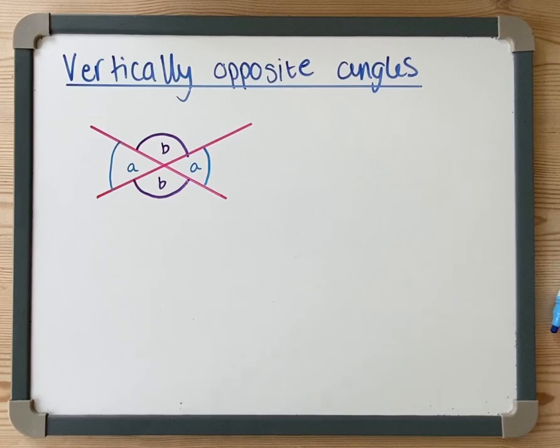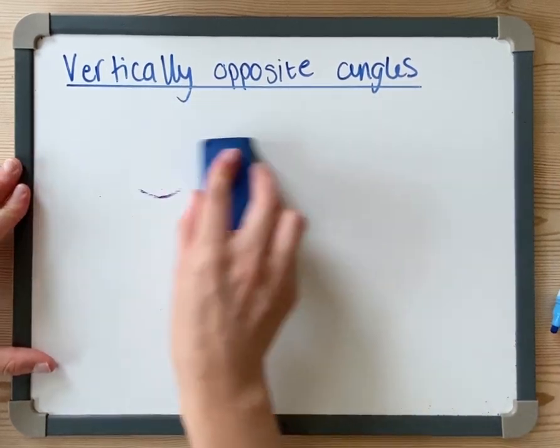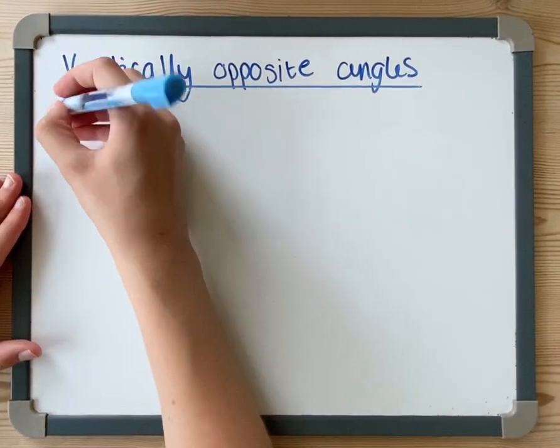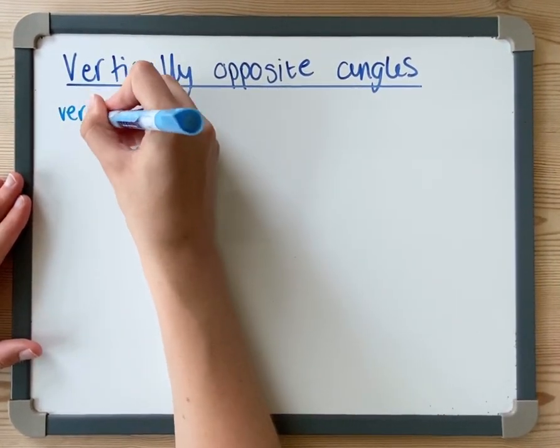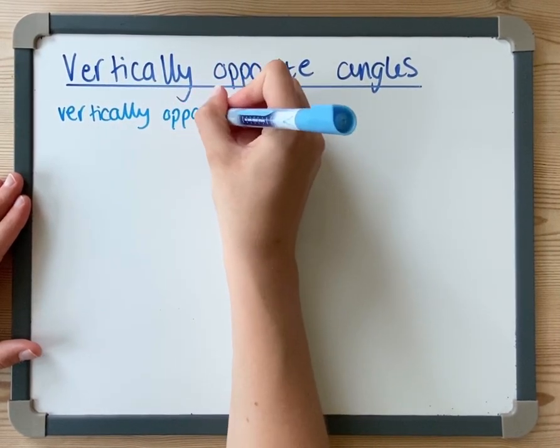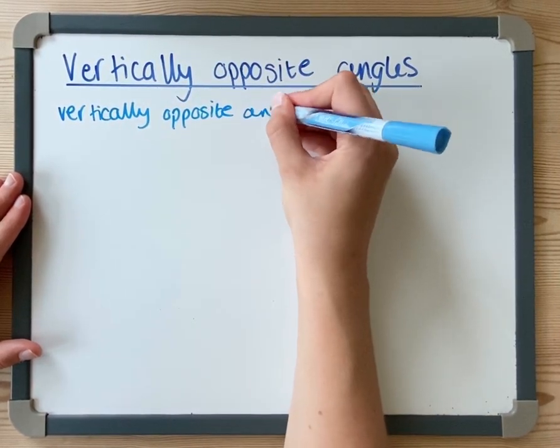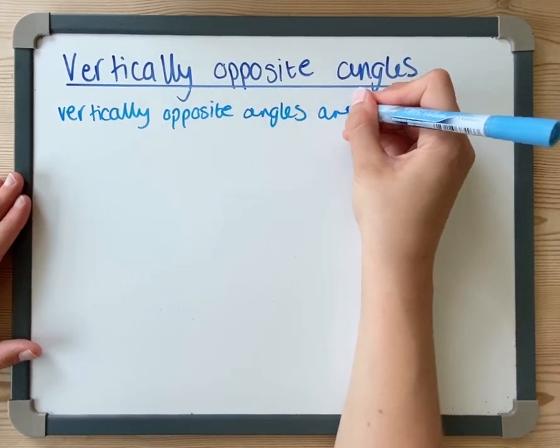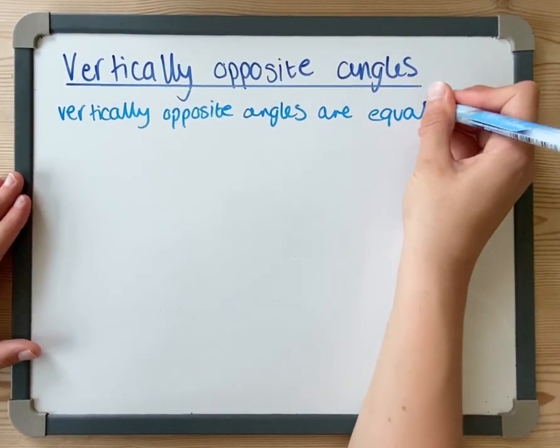There is another really important rule that we'll be using today as well. I'm just going to remind us of that rule and write it at the top, as well as my vertically opposite angle rule. My vertically opposite angle rule is very, very simple. It's just that vertically opposite angles, like the ones I just showed you, are equal.